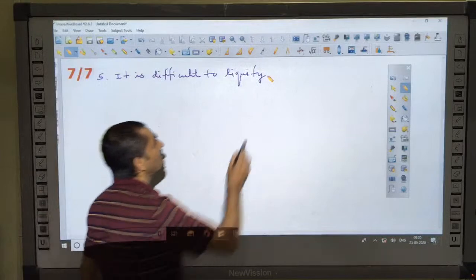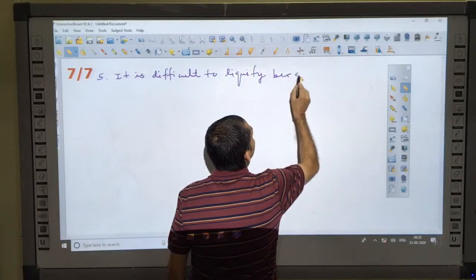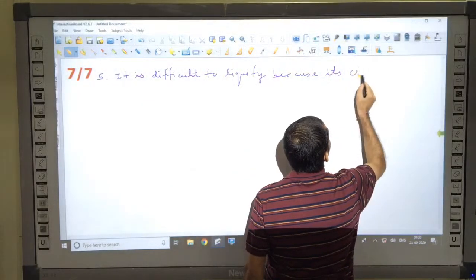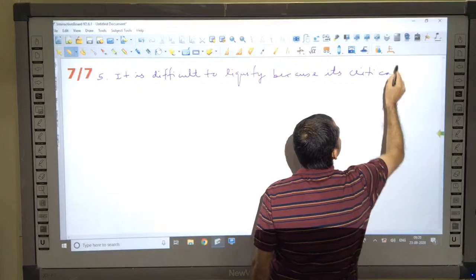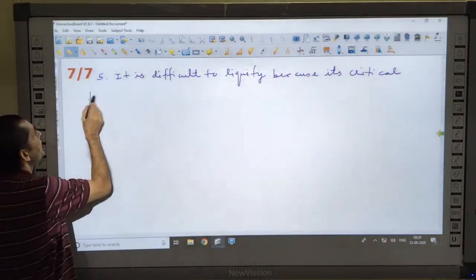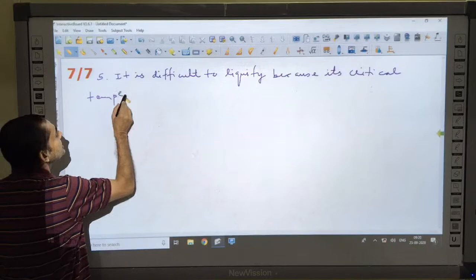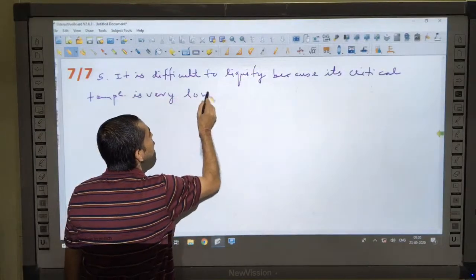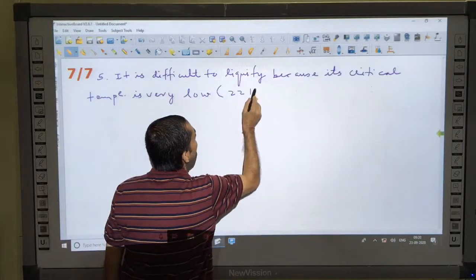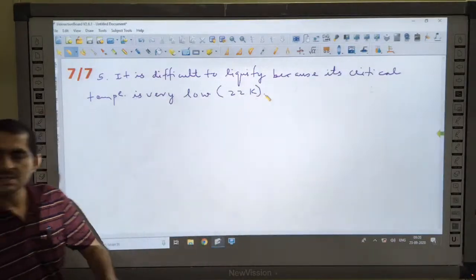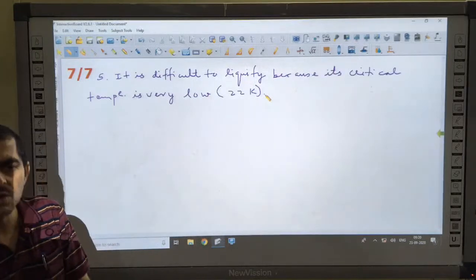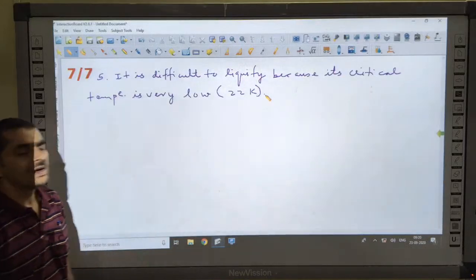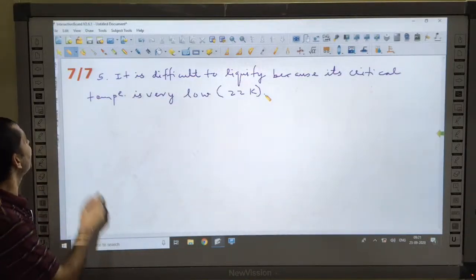It is very difficult because its critical temperature is very low, near about 22 Kelvin. It is difficult to convert hydrogen into liquid state due to its low critical temperature. Clear?